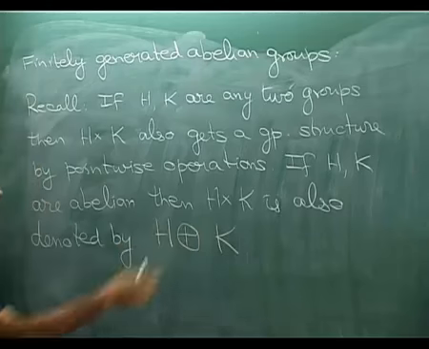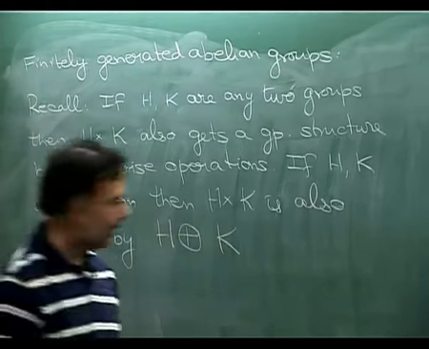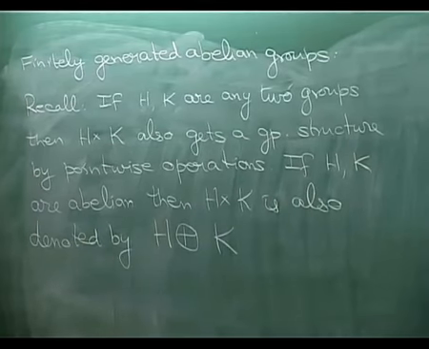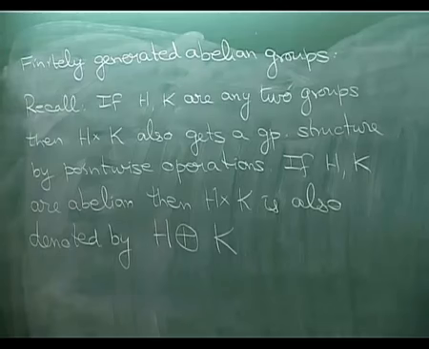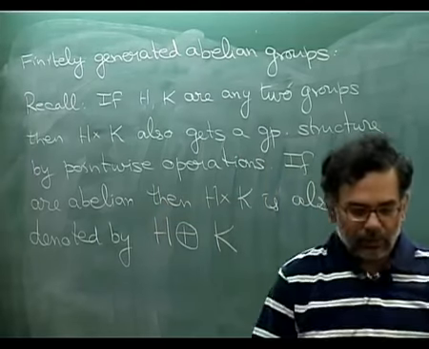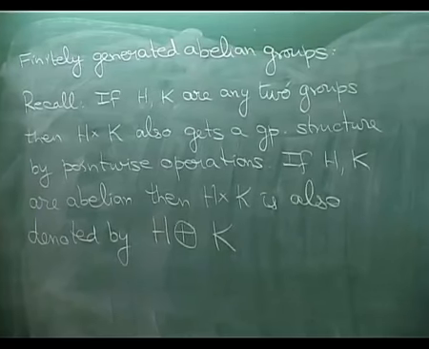H cross K or H direct sum K mean the same thing when H and K are abelian groups, and that other notation is meaningless if H and K are not abelian groups, right? This direct sum notation is used exclusively for abelian groups, and it means the same thing as H cross K. Okay, so we can start with our small collection, which is the cyclic groups, and take direct sums.